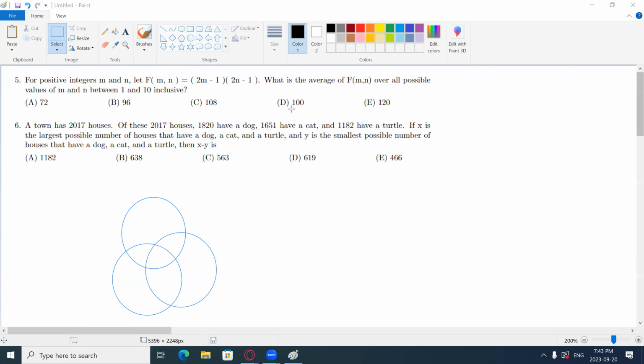Then this would be the dog section, this would be the cat section, and this would be the turtle section. So let's label them.